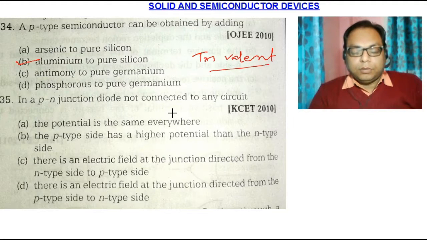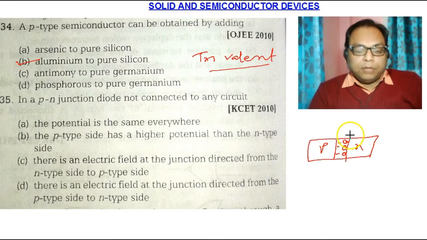Obviously, if we are not connecting to an electric circuit, this is the P and N. Here we will get negative, here we will get positive, here we will get electrons, here we'll get holes. What is happening if you're not connecting?